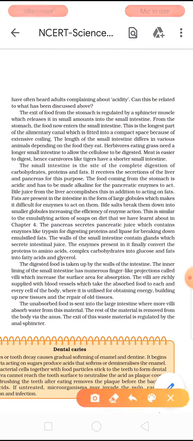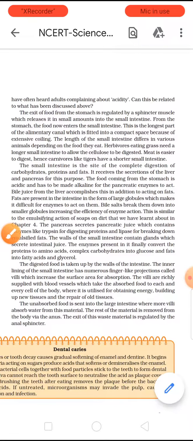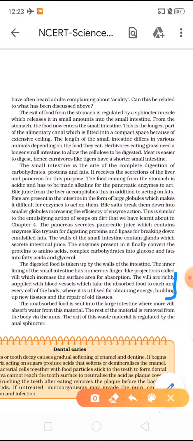Now, the villi are richly supplied with blood vessels which take the absorbed food to each and every cell of the body. This point is very necessary, students. I'll first go through it and then I'll explain.